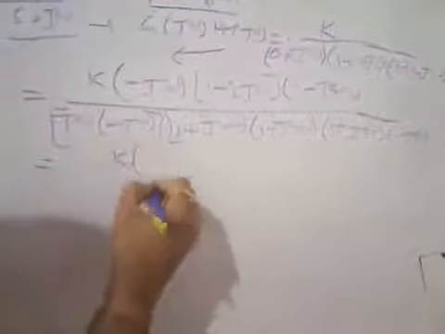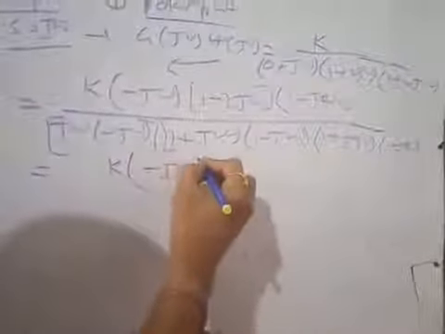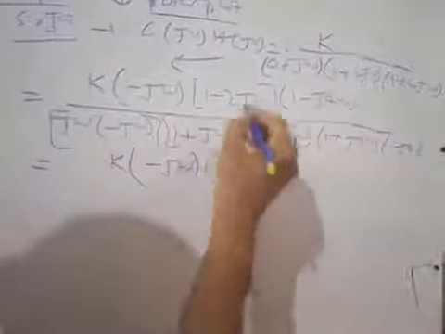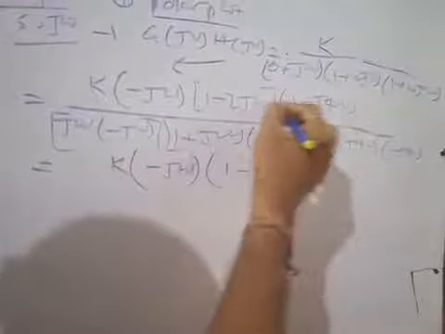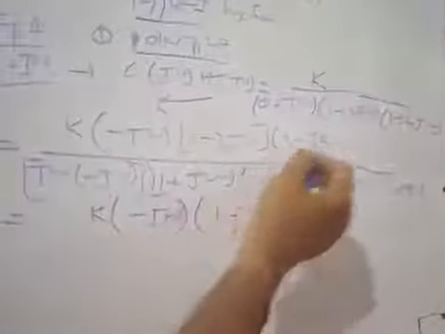So what you will get, this is minus j omega into 1 minus j 6 omega. This is plus 8 minus 8 omega square, j square equal to, you know, minus 1. So you get like this.